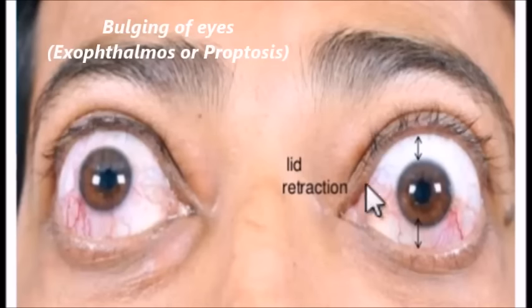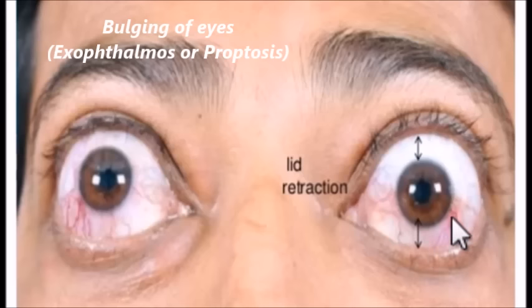You can see here there is a bulging of the eyeballs, and as I said, this bulging is called exophthalmos, which usually occurs after the lid retraction of the upper eyelids. And you can also appreciate here the wide palpebral fissure because of upper as well as lower eyelid retraction.